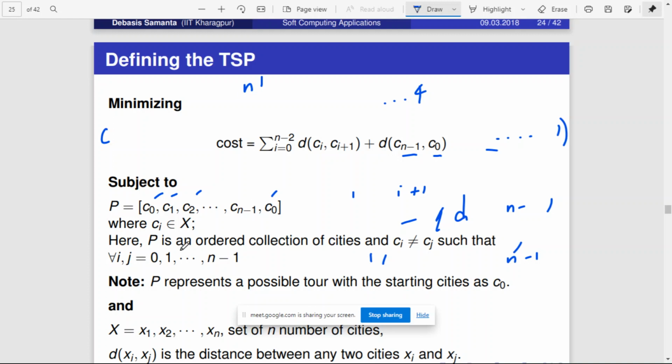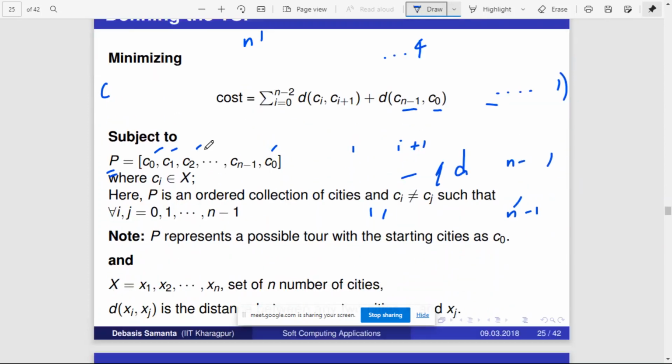Where P is an ordered collection of cities, such that Ci is not equal to Cj, right? So we have to identify the correct order. So that is how this ordering scheme represents. There are n factorial permutations available, but we have to identify the correct order.